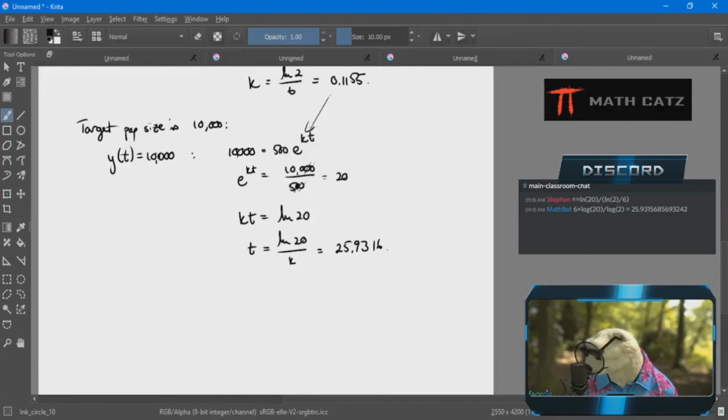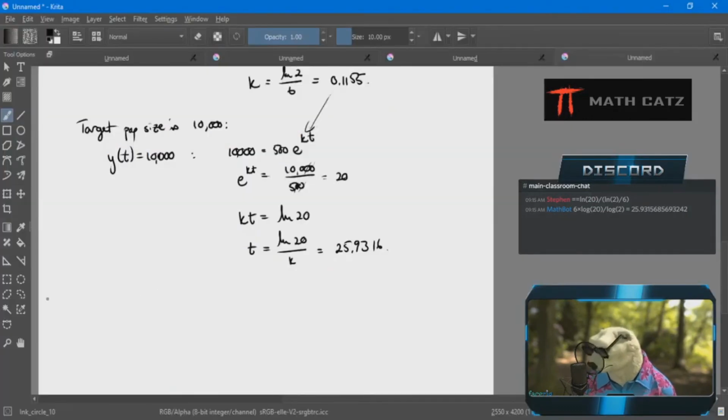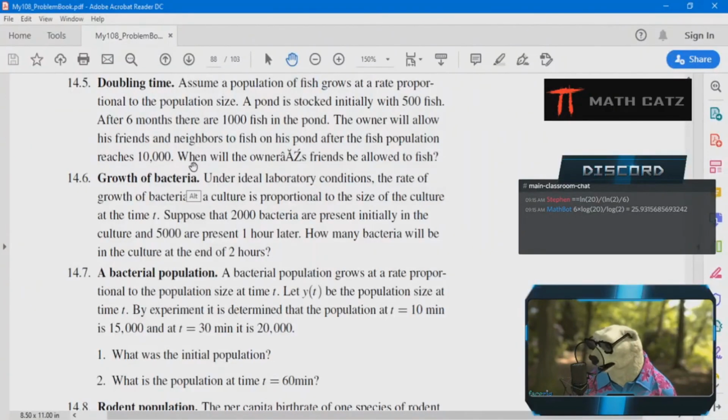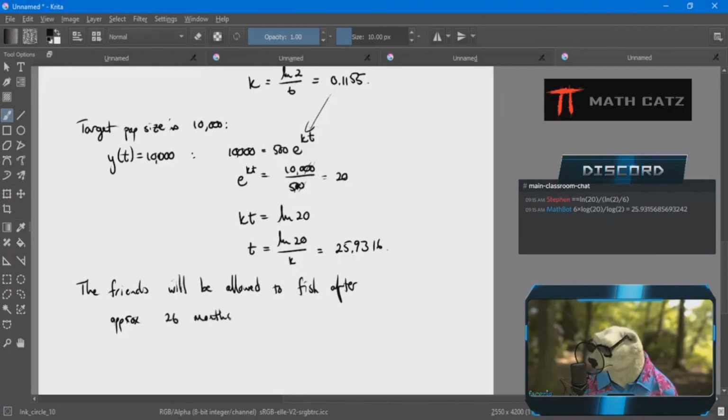So now t was in months. So it's going to take a while for his neighbors to come fish. It's going to take almost 26 months. Now I look back at my question. When will the owner's friends be allowed to fish? So the friends will be allowed to fish after approximately 26 months.